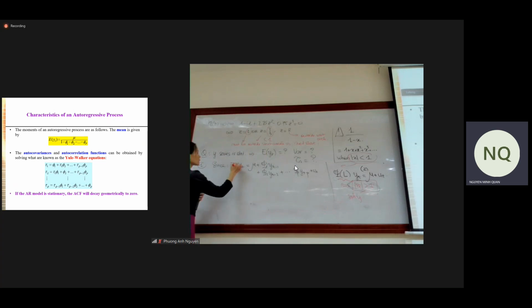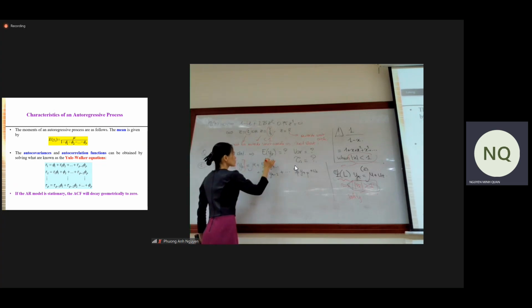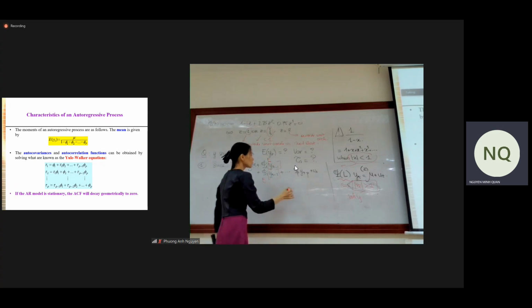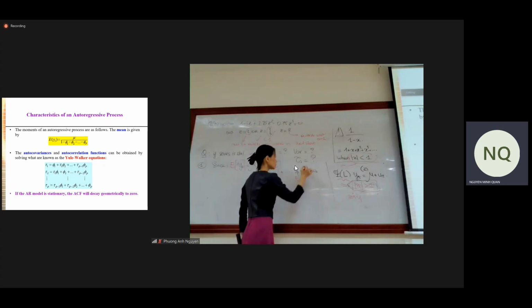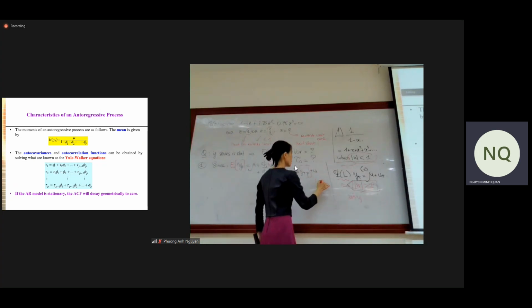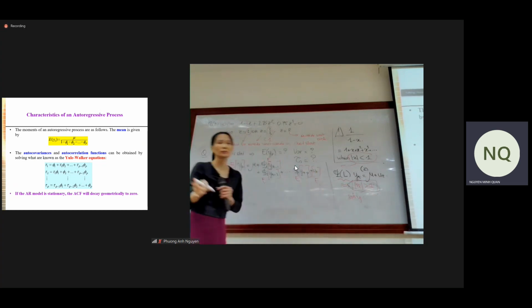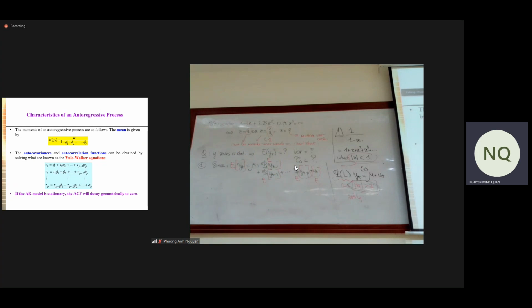Then we get the expectation of y_t equals mu plus phi_1 times the expectation of y_{t-1}, plus phi_2 times the expectation of y_{t-2}, and so on. What do you think?